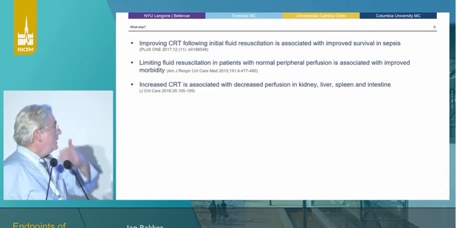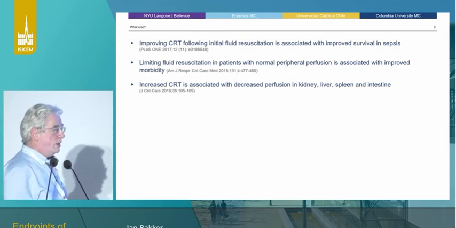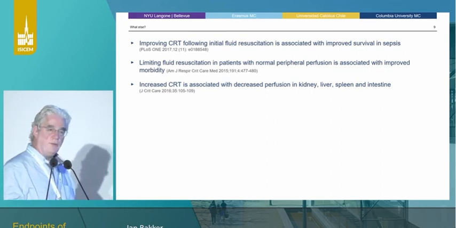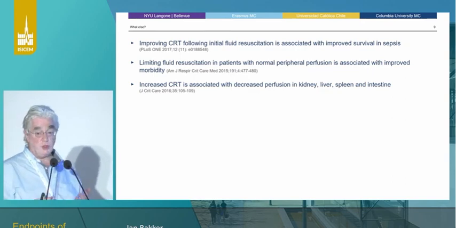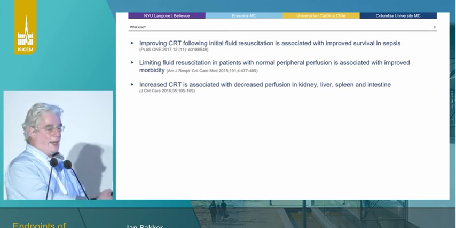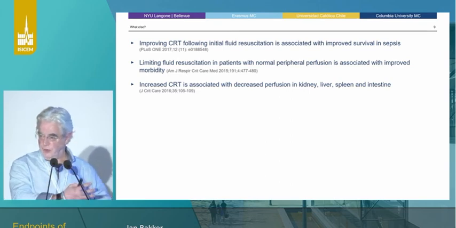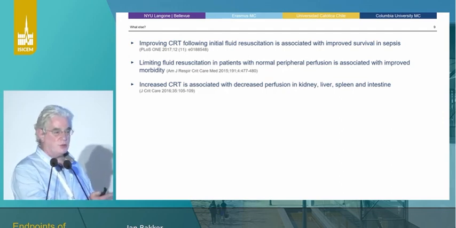Now, in other studies, we show that improving capillary refill time following the initial fluid resuscitation in the emergency room is associated with improved survival. So if you have a patient in the emergency room, lactate, sepsis, you give fluids, capillary refill time normalizes, the mortality of that group is around 8%.